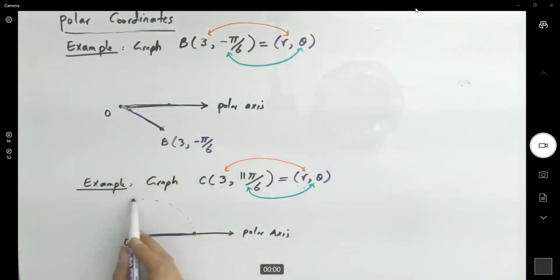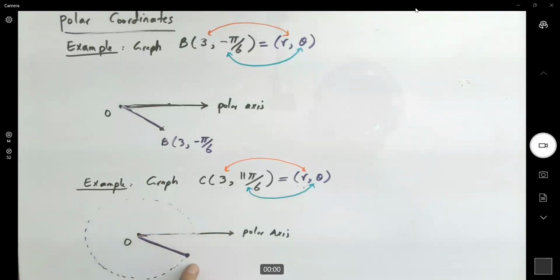So 11 pi over 6. Very well, 11 pi over 6. This guy's going to be here. Perfect. So we'll get rid of this. We don't need this anymore.